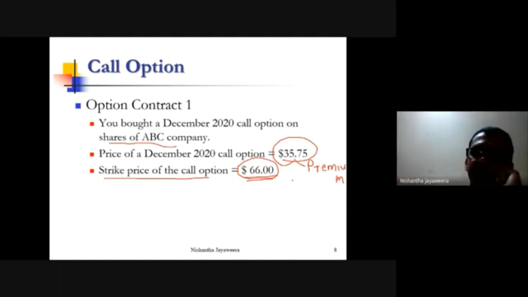But when it comes to exchange traded, since you have a bundle, a number of units of the underlying asset in a contract, the option price is given for the whole lot. But the strike price is given per unit of the underlying asset.